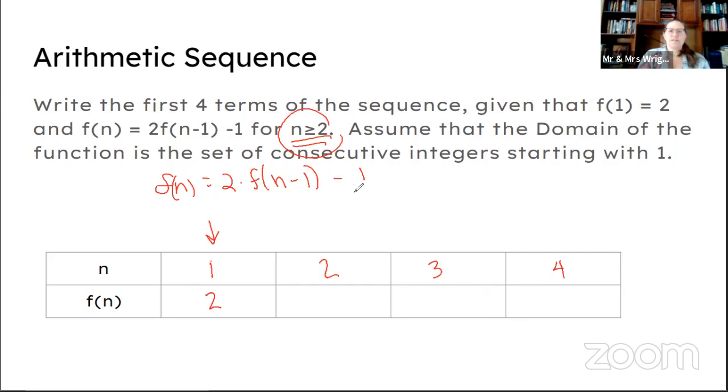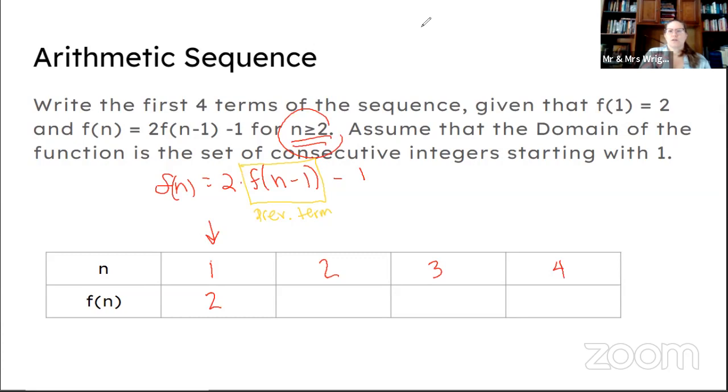Well, if this is our formula, all we have to do is plug it in. Well, the thing to remember is that this is our previous term. This meant, remember, previous term. Okay, so if we're looking at an n of 2, then you're going to plug in the previous term, which was 2 here.